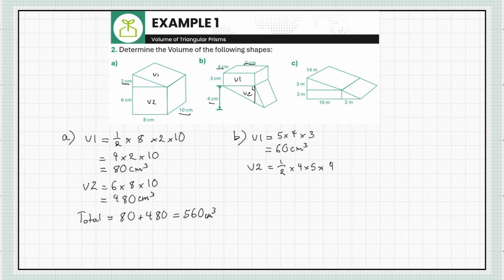Alright, so ultimately you can simplify this down by doing half times 4, so it'll be just 2 times 5 times 4, which is ultimately going to be 40. So it'll be 2 times 5 times 4 if we multiply this half into that 4, and that equals 10 times 4 or 40 centimeters cubed, which means that the total volume is going to be equal to 40 plus 60.